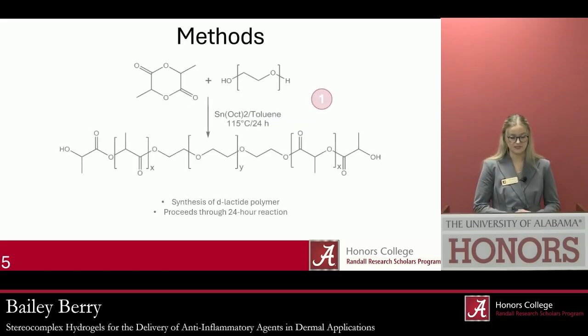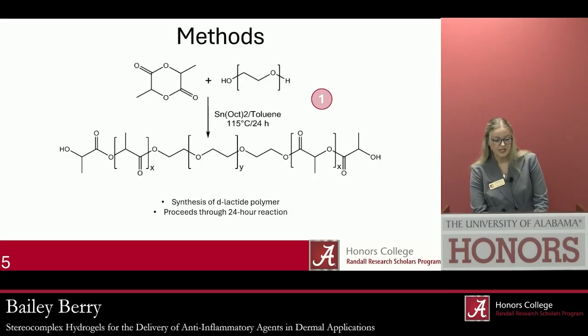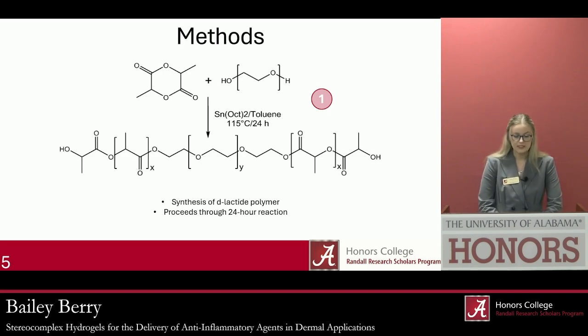To begin this process, we have to synthesize our polymer. Our polymer is a chain of our lactide, which you see on the top left, and our polyethylene glycol, which you see on the top right. This is created through a ring opening mechanism, and it proceeds through a 24-hour reaction.